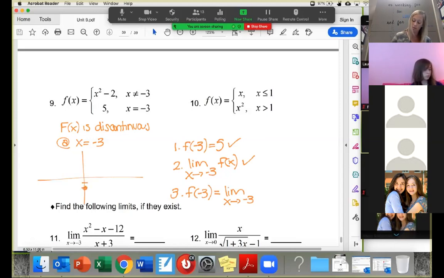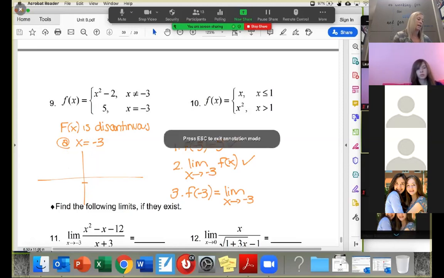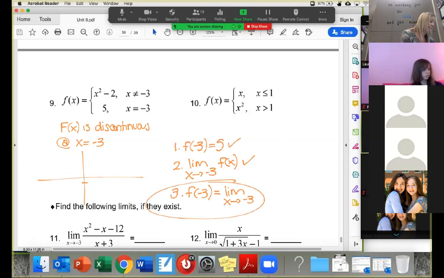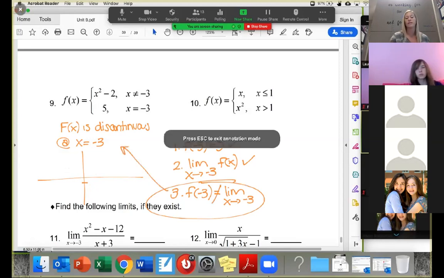No, because we had our quadratic and it looks something like this, and I don't really know whether it's above or below that 5, but that 5 is a floating dot, and that's certainly not going to be the same value as the quadratic itself, right? All right. So I would say that would be my reasoning. F is discontinuous at x equals -3 because that one is not true. And that would be my reasoning for that.